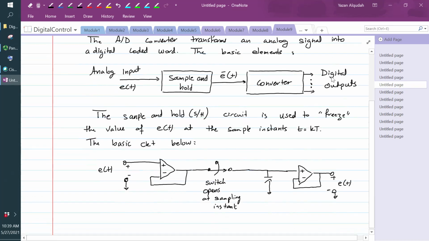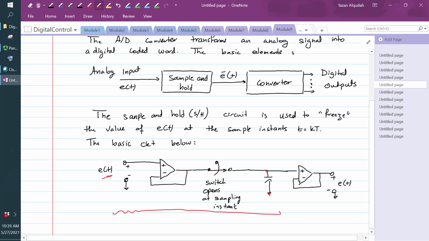Okay, so the sample and hold, S/H, is responsible for freezing the value of the input at the sample instant t equal to kT. So if I look at this circuit here, if I have an input here, this is my sample and hold. What is the idea? If the switch is closed here, then whatever voltage I have applied to this circuit is going to appear across this capacitor.